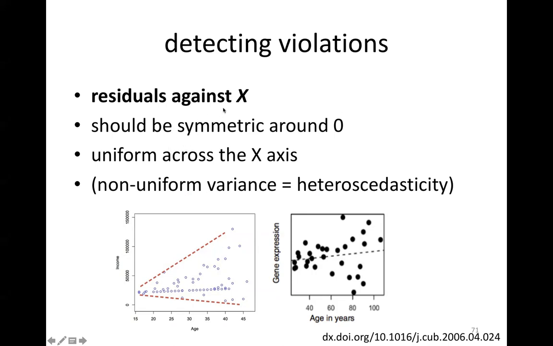So checking residuals against x is definitely something important to perform safe and sound regression analysis. Non-uniform variance of one value against another value where there's a relationship is called heteroskedasticity. These are heteroskedastic relationships.